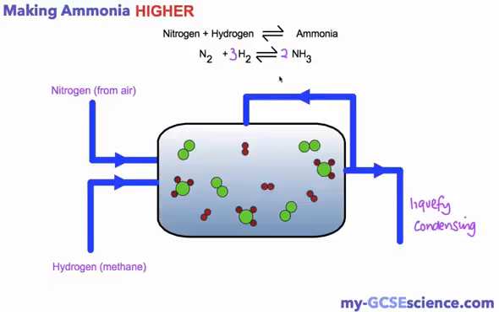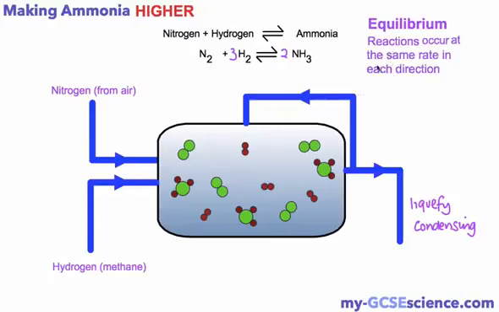And in fact what happens is we reach a point where the amount of ammonia that's being produced is exactly the same as the amount of hydrogen and nitrogen being produced. The rate of reaction in both directions has reached what we call equilibrium, and that means that the reactions occur at the same rate in each direction.